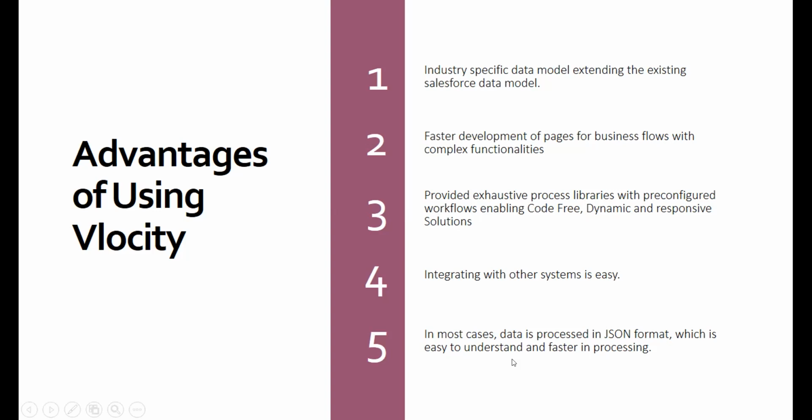In Velocity, in most cases we process the data in JSON format, which is very easy to understand and faster in processing. These are the advantages that I have put down, but there are many more advantages of Velocity, and you'll get to understand them once we are there in Velocity.